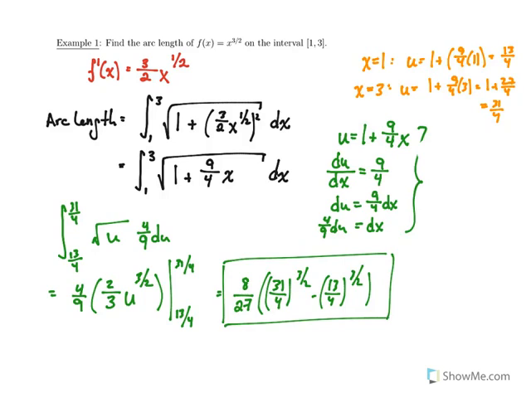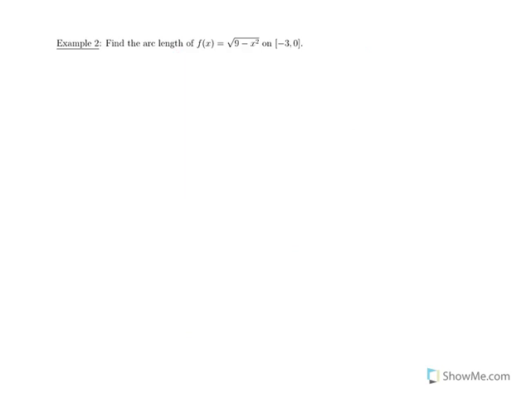Let's do one more problem here. Find the arc length of the function square root of 9 minus x squared on -3 to 0. This problem actually can be done in a much different way. It's not the point of this section, but this is the circle of radius 3 centered at the origin.